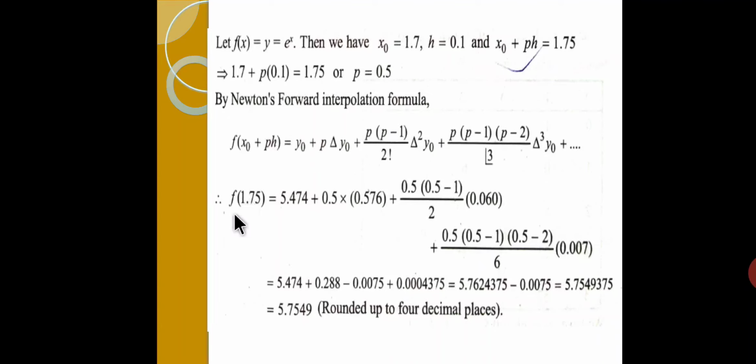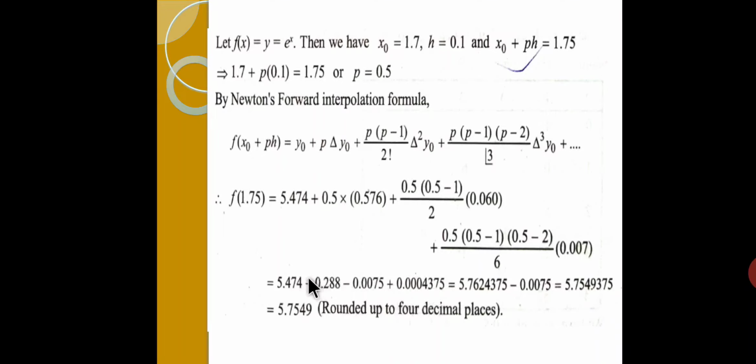Our required value f of 1.75 is equal to y naught value from the difference table, 5.474, plus p value 0.5 into delta y naught value 0.576. We substitute the values of delta y naught, delta square y naught, and delta cube y naught from the difference table. That is equal to 5.474 plus 0.288 minus 0.0075 plus 0.004375.